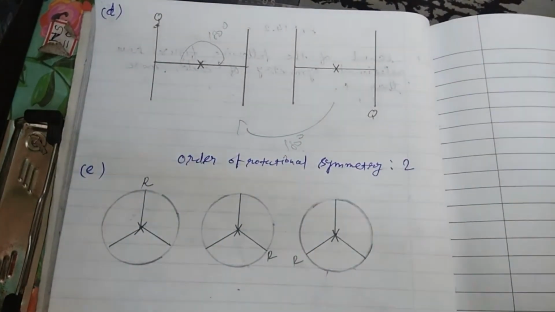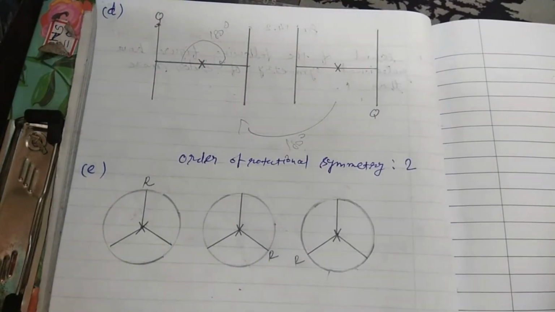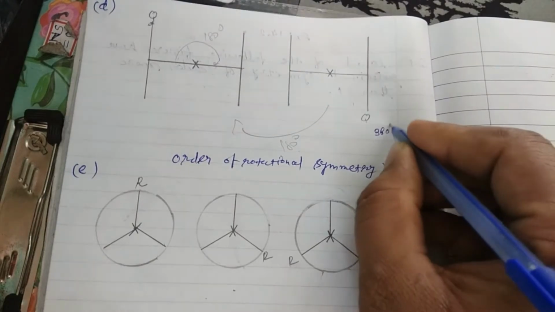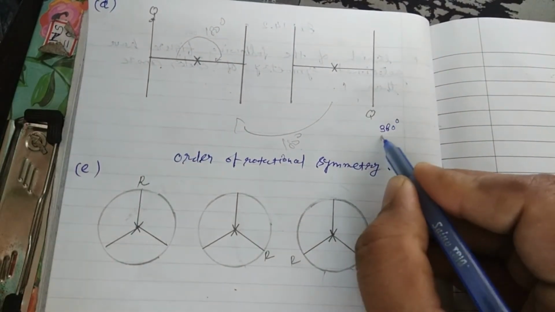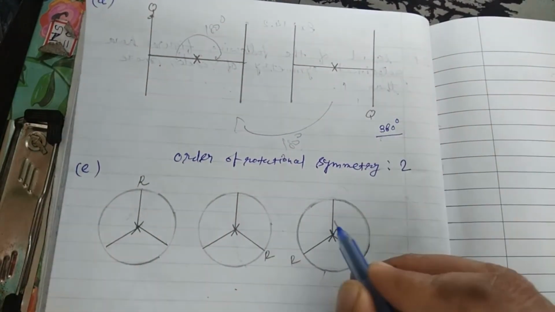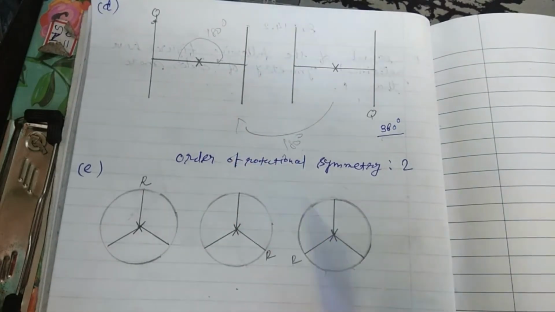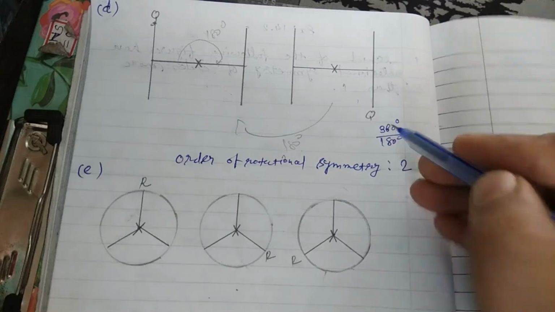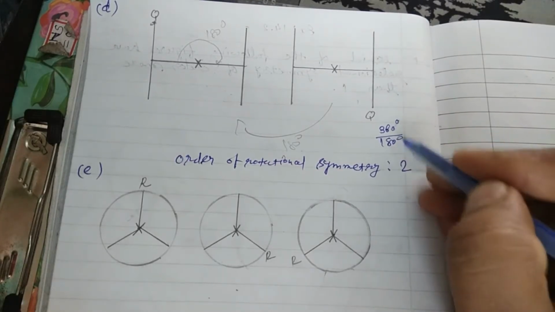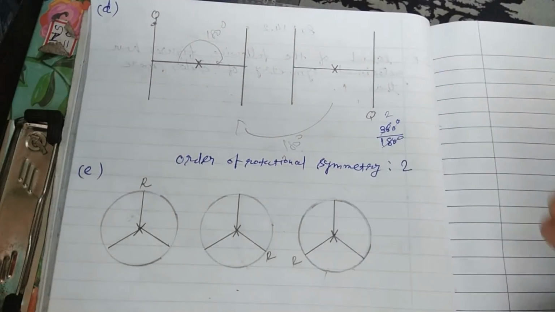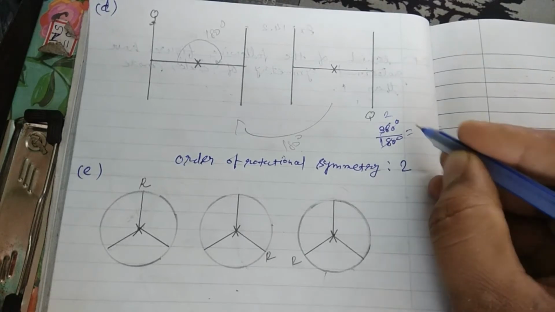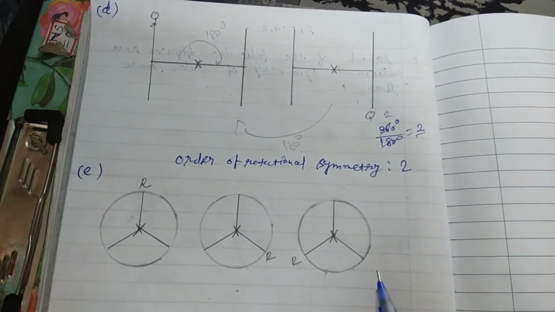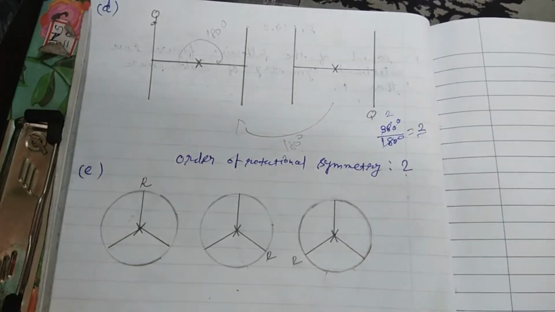By this formula you can find the order of rotation: a full turn, that is 360 degrees, you have to divide by the angle of rotation, that is 180 for this shape. 360 by 180, 0 cut 0, 18 twos are 36. So the answer is 2, and this 2 is nothing but the order of rotational symmetry.